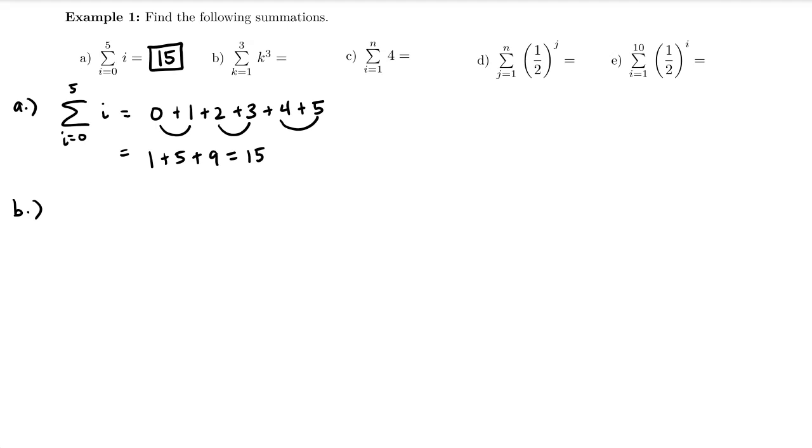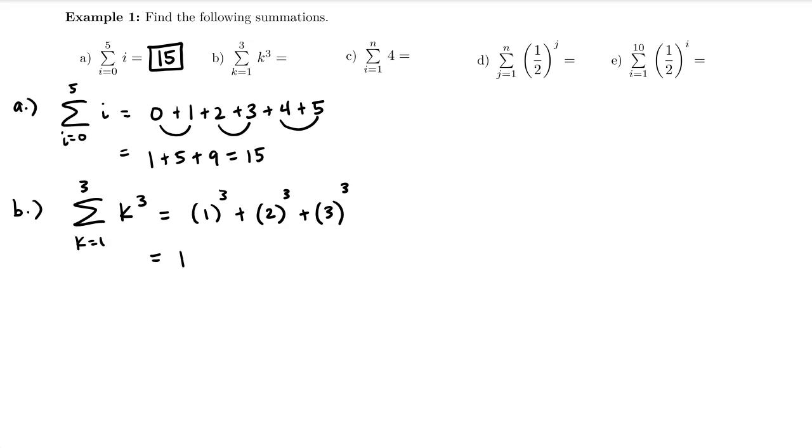For part B, our index starts with k equals 1 and ends at k equals 3, and we have k cubed. This means our first term is 1 cubed, plus 2 cubed, plus, since our upper index is 3, our last term is 3 cubed.